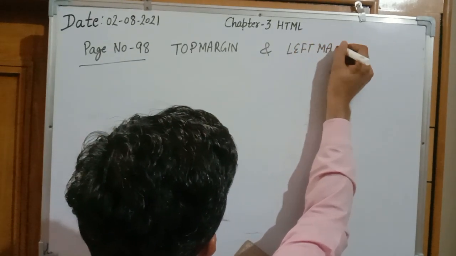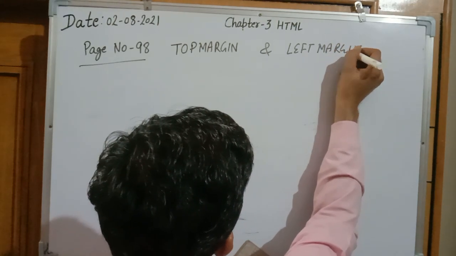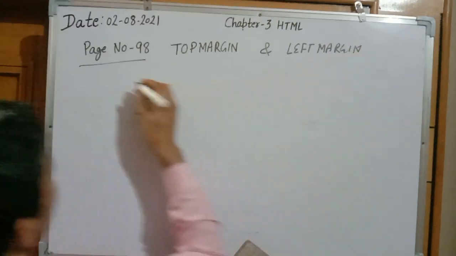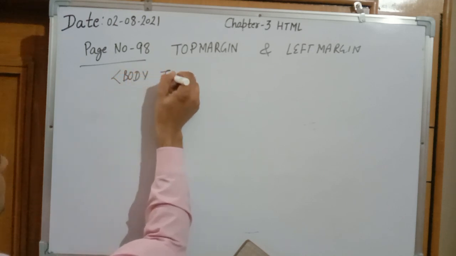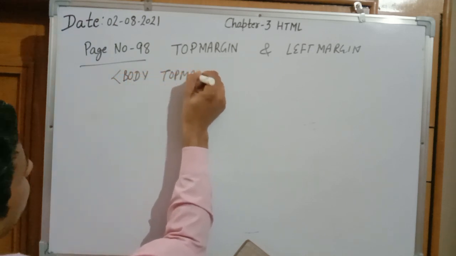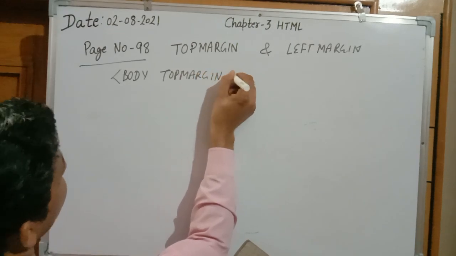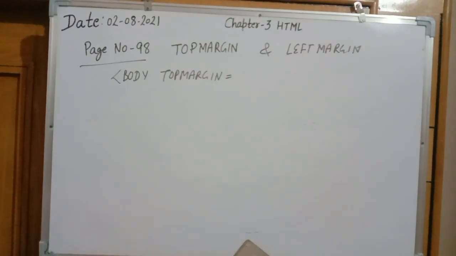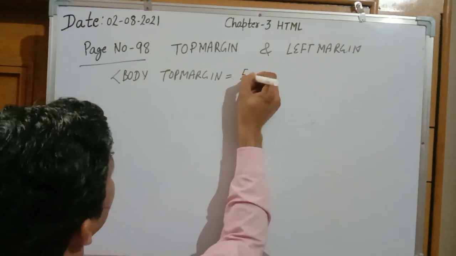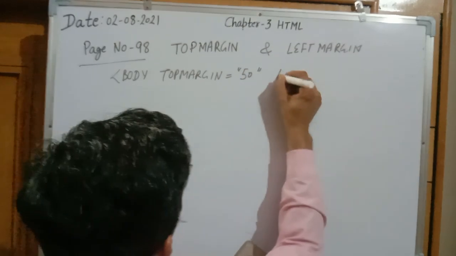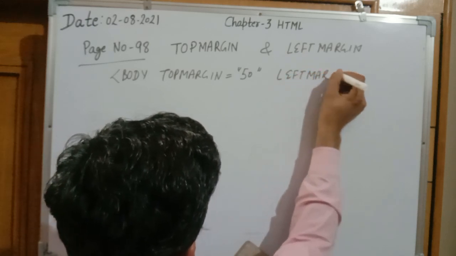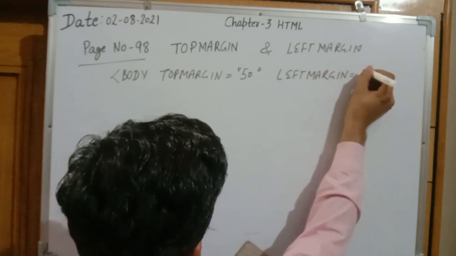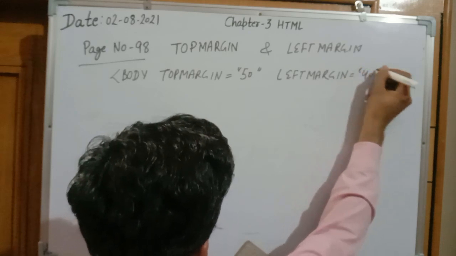What will be the format that we write for top and left margin? It will be written like body, topmargin, any value we can give as per the program. The value given in this program is 50, and leftmargin is given 40.